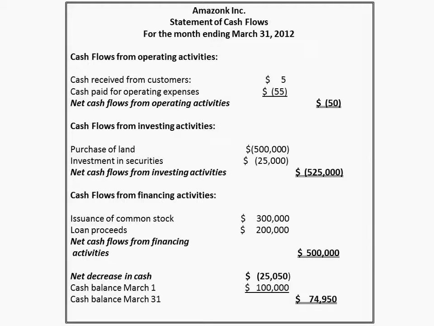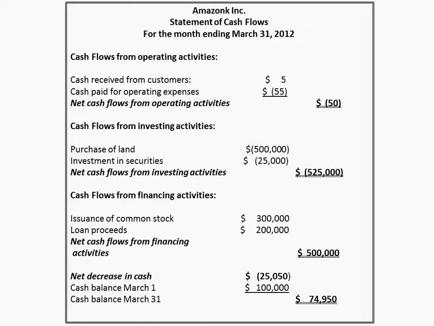And cash flows from financing, issuance of common stock and loan proceeds, gives us net cash flows from financing of $500,000. So our net decrease in cash is negative $25,050. If our cash balance on March 1st was $100,000, then our cash balance on March 31st would be $74,950.